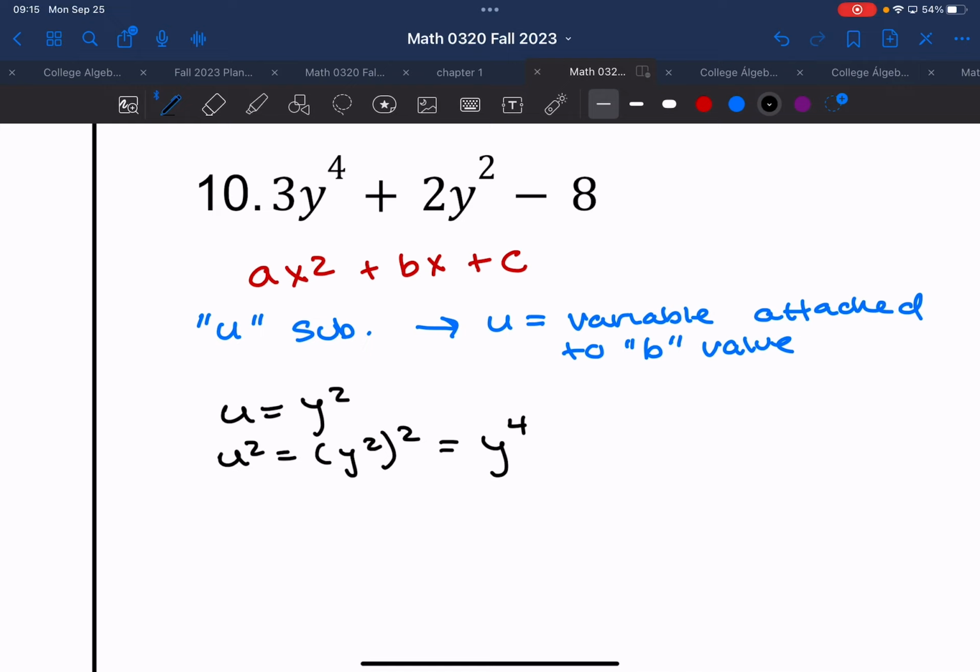If I rewrite this problem in terms of u, I have 3u squared plus 2u minus 8. Does this look like a problem now that we are able to factor? Yes, because we have a variable squared, then we just have our variable by itself, and then we have a constant. So it looks like that ax squared plus bx plus c.